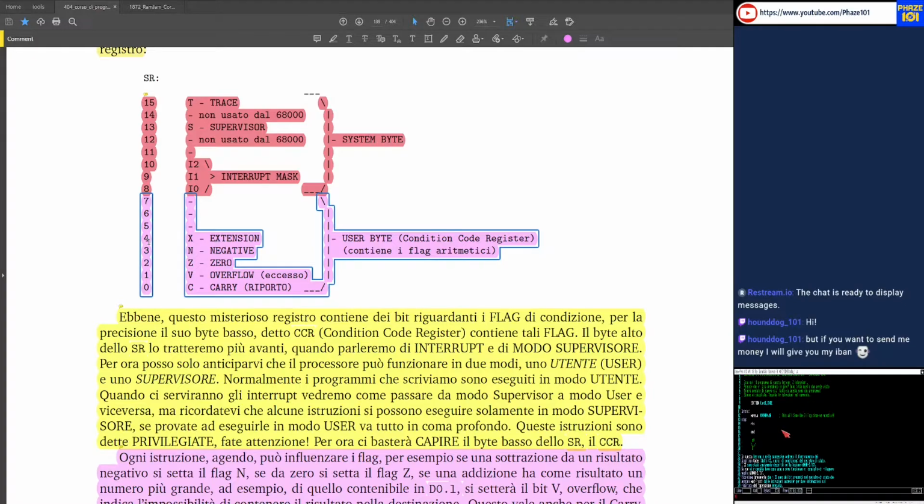Today we're going to see how they are turned on or off using CPU instructions, 68000 instructions, and what their behavior is.